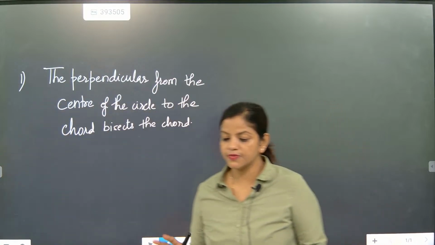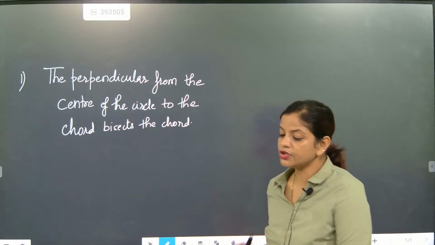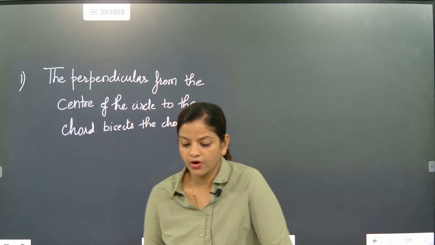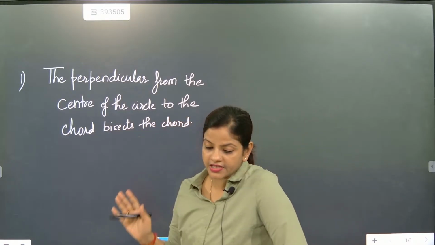This is one of the most important theorems, and you must remember this is an NCERT theorem. So writing the theorem and proving it is very, very important. The perpendicular from the center of the circle to the chord bisects the chord.